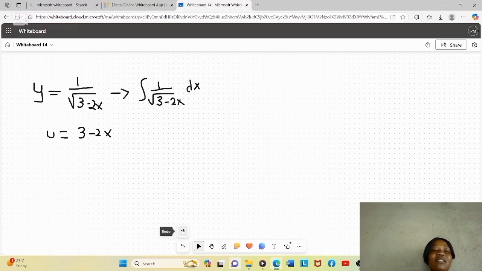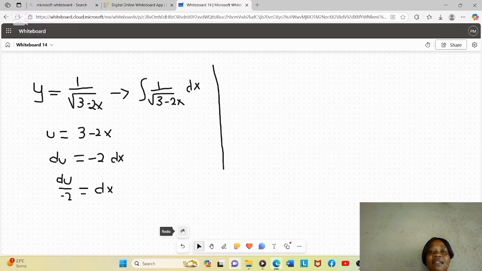Then we differentiate 3 minus 2x. du will be equal to negative 2 times dx. To make dx the subject of the formula, we divide both sides by negative 2. Then we'll be left with du over negative 2 is equal to dx.